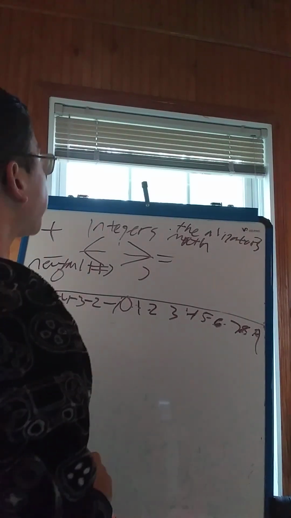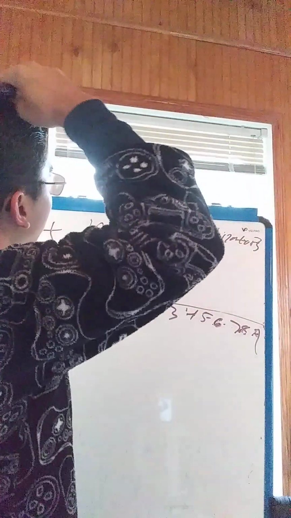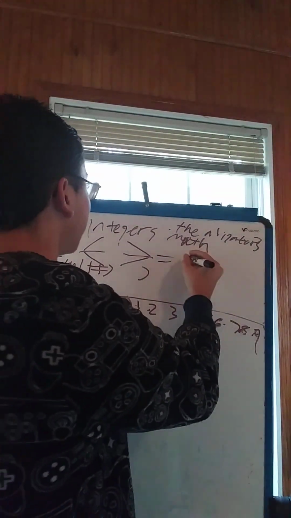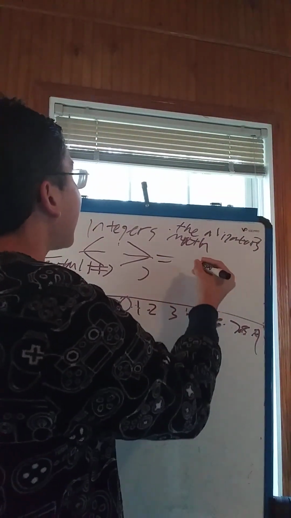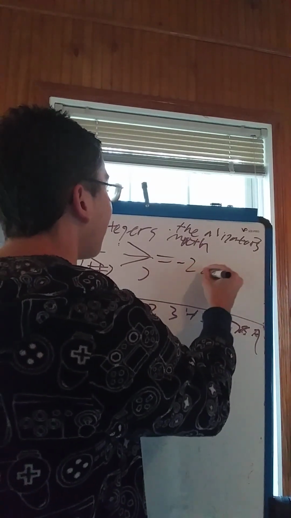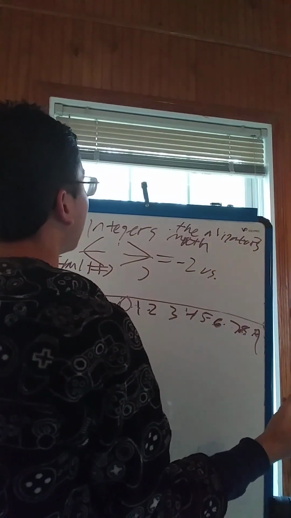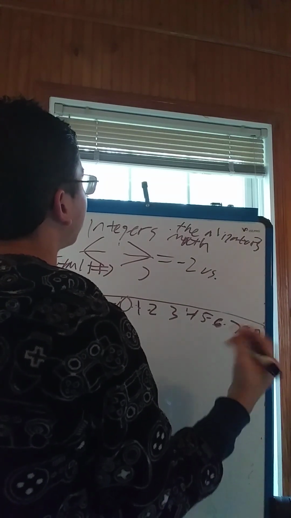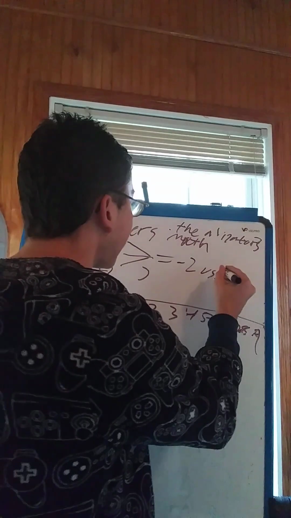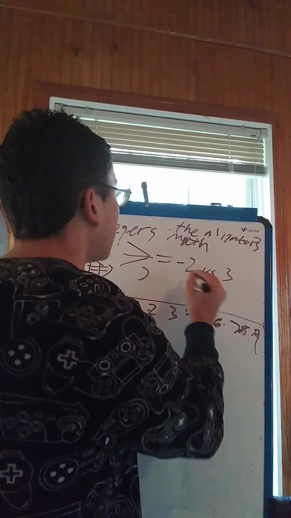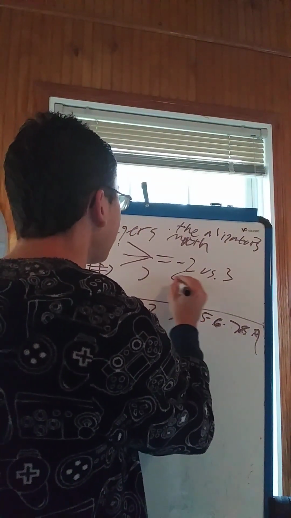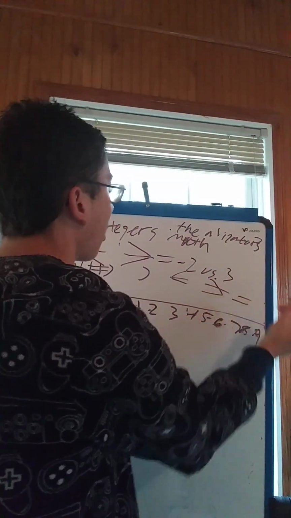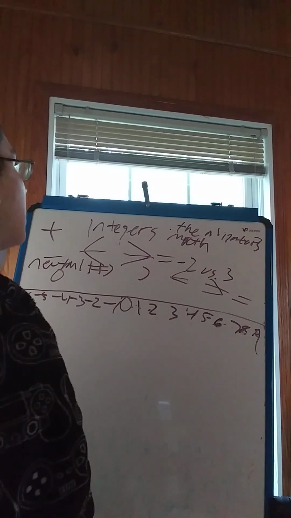So let's do a little versus here with numbers. Let's say negative 2 versus positive 3. Are they less than, going further that way, greater than, going further this way, or are they equal to?